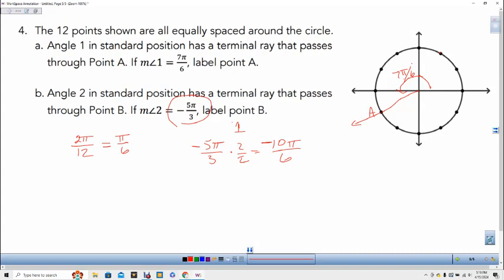So right there is B, and the angle we measured is right there, and that is negative 10 pi over 6, which is negative 5 pi over 3. All right, that's all of section 2.